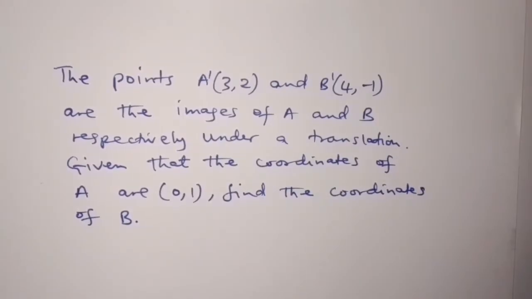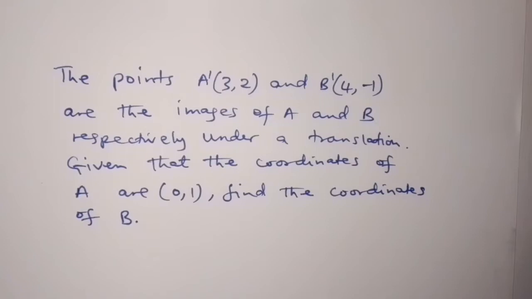The points A prime (3, 2) and B prime (4, negative 1) are the images of A and B respectively under a translation.